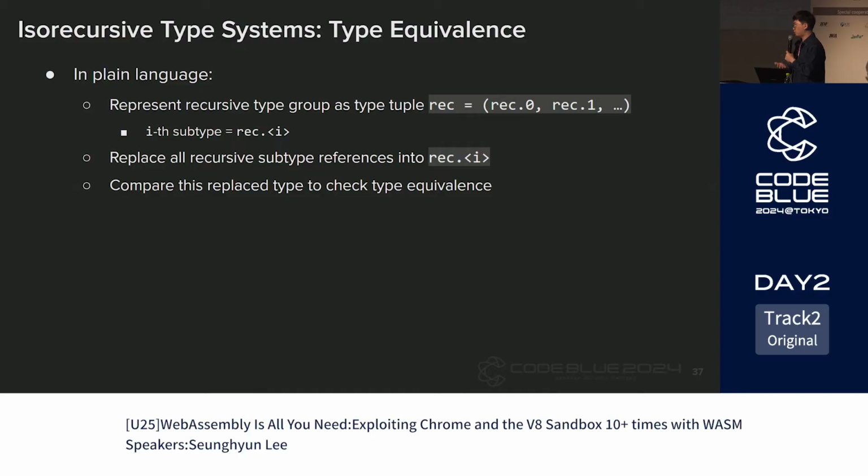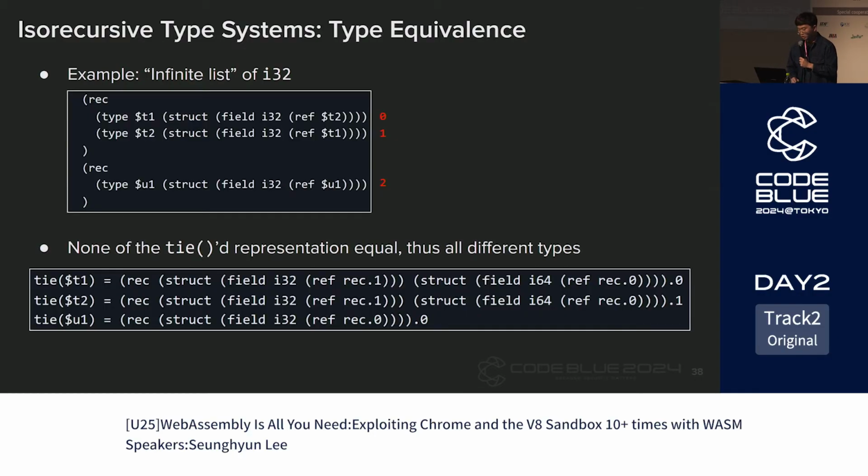We'll quickly look at a different example where we now have an infinite list of 32-bit integers. In this case, T1, T2, and U1, if you were to unpack this type infinitely, it will just have a 32-bit integer and a reference to the same structure, which again has the 32-bit integer and a reference to itself.